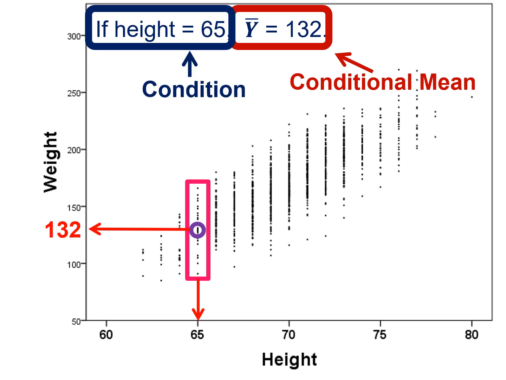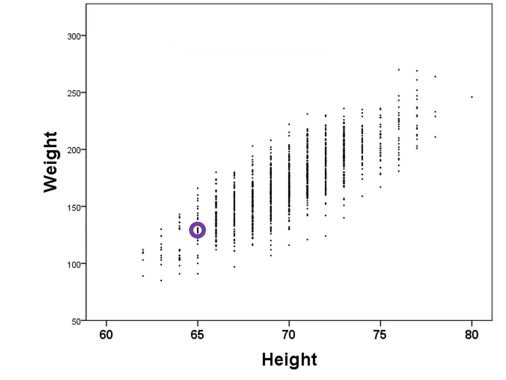The if statement, which says if height equals 65, is called the condition. It tells us that the conditional mean is true only for men who are 65 inches tall. So we have one conditional mean. Now let's look at another.